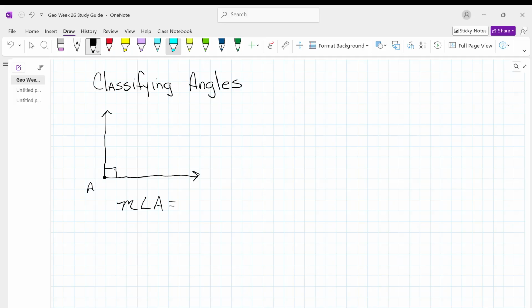That symbol that's half of a box, it forms a box or a square. That symbol means that the angle is 90 degrees. So the measure of angle A is 90 degrees. And this is called a right angle. Right angles measure 90 degrees.